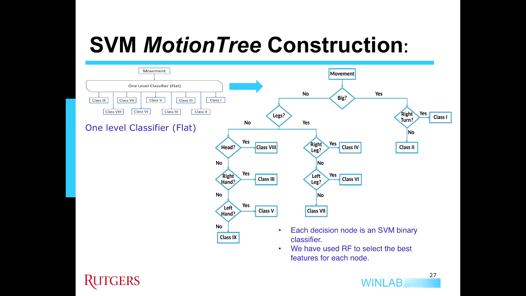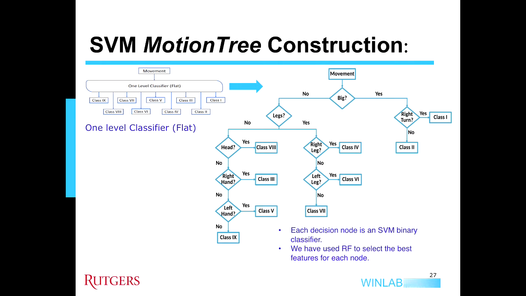If no, then we go to the upper half family, which includes head, right hand, left hand, or both. If it's legs, is it the right leg? If no, then we have to check whether it is the left leg or both. In this way, we kept the binary property for SVM, and we have 9 classes.